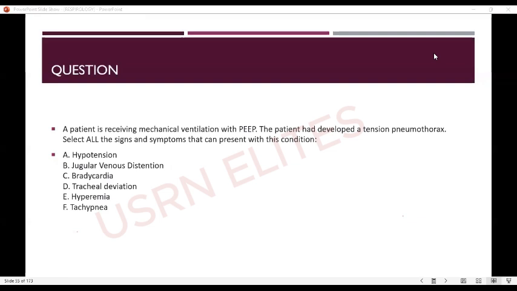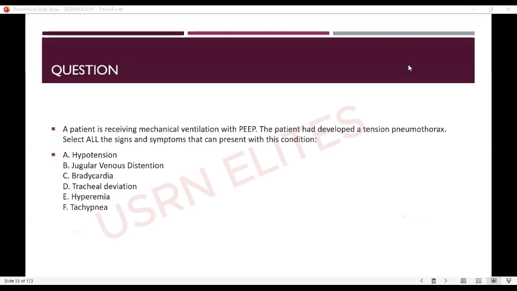Then tachypnea: the patient has difficulty breathing because the lungs are not expanding to help with breathing. So the patient compensates, and that compensating mechanism will cause tachypnea. Are you getting the point? Very good. So D and F are well explained.